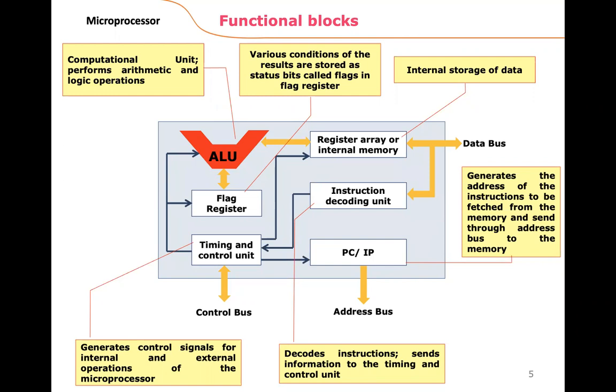Suppose you are going to the cinema hall, so your seat must be assigned, right? Yes, sir. The ticket delivered is the assigned seat, and that is the IP, the instruction pointer. All instructions are coming, and the IP creates the location.